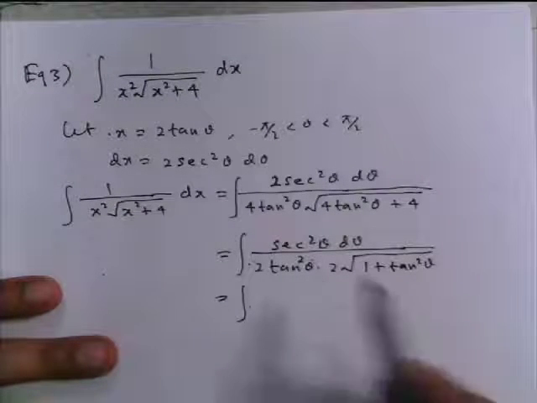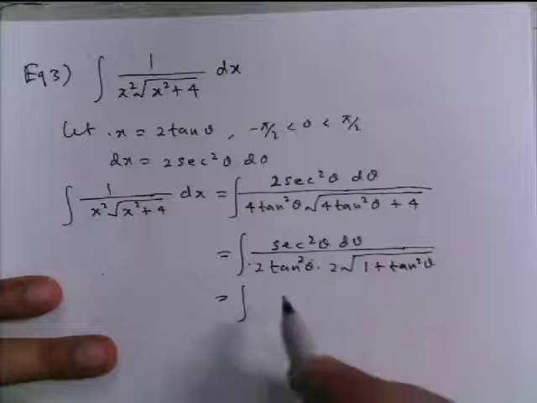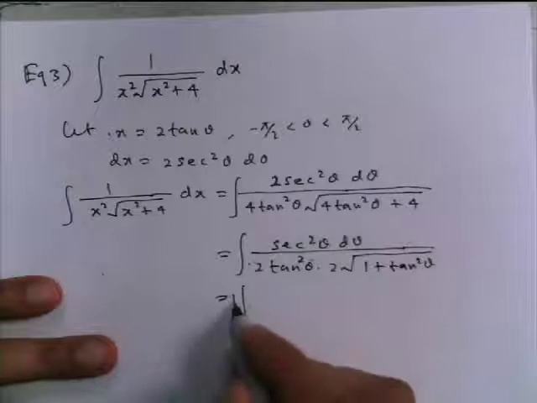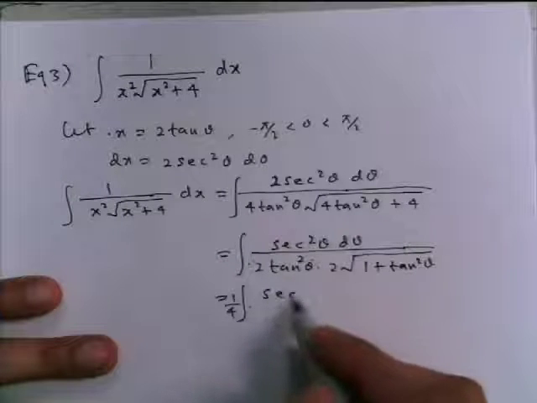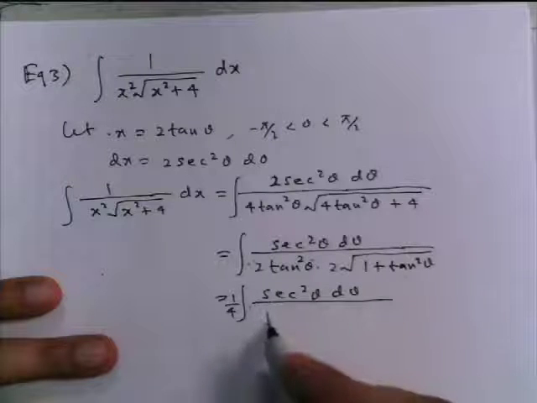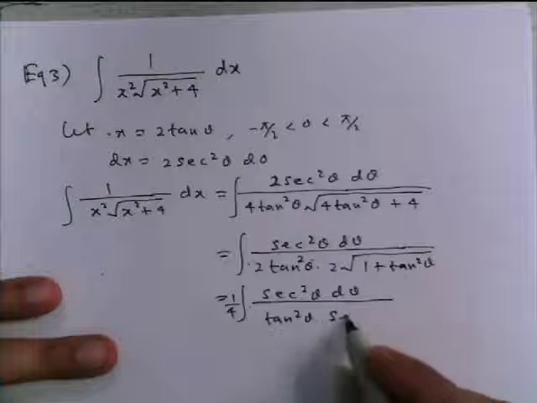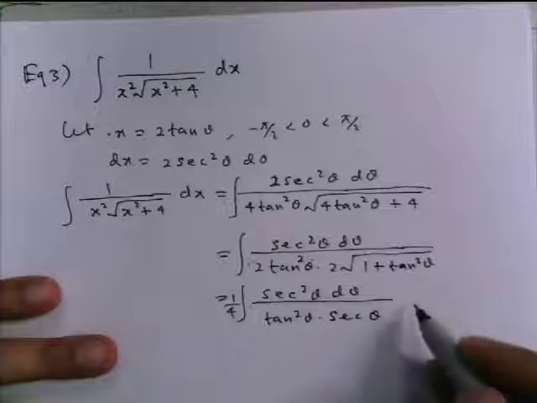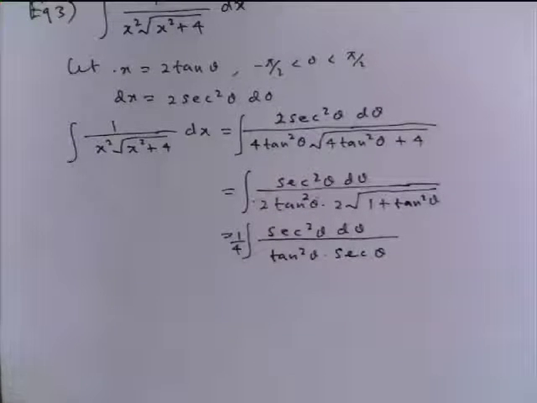So what do you get? So this becomes secant theta. Okay, so what do you get at the end? I can write 1/4 outside. So let's write 1/4 outside. Yeah, so one of the secants gets cancelled.